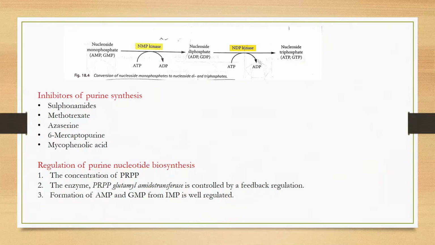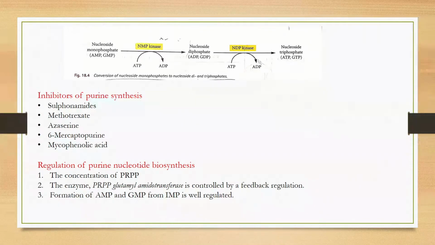Sulfonamides are structurally similar to PABA, that is para-amino benzoic acid, and PABA is a component of folic acid. So these sulfa drugs are used to inhibit the synthesis of folic acid by the bacteria, and this affects the synthesis of purines.